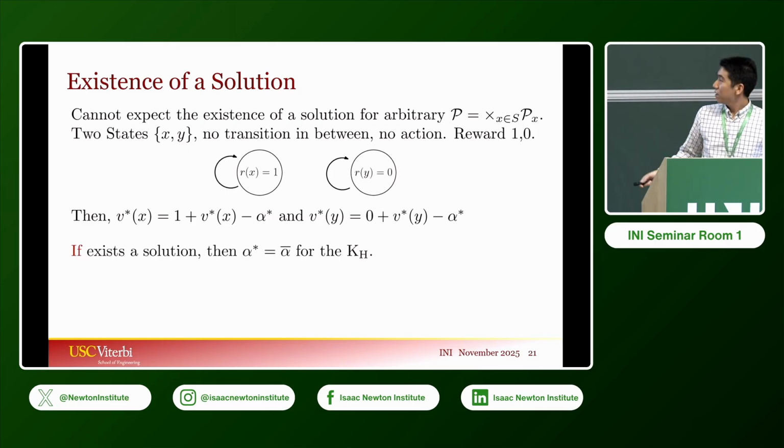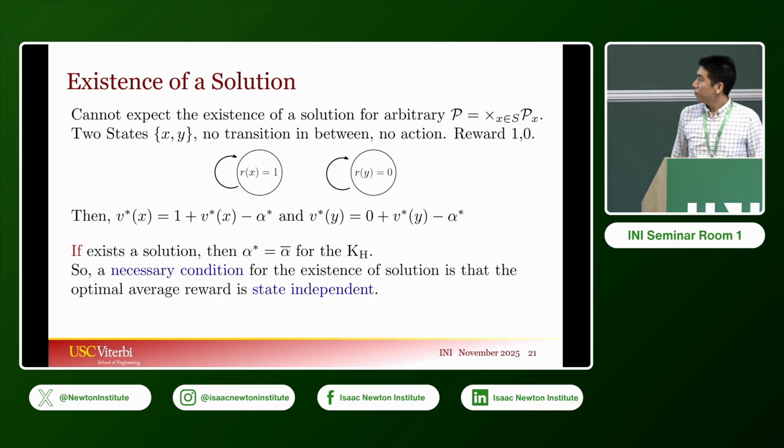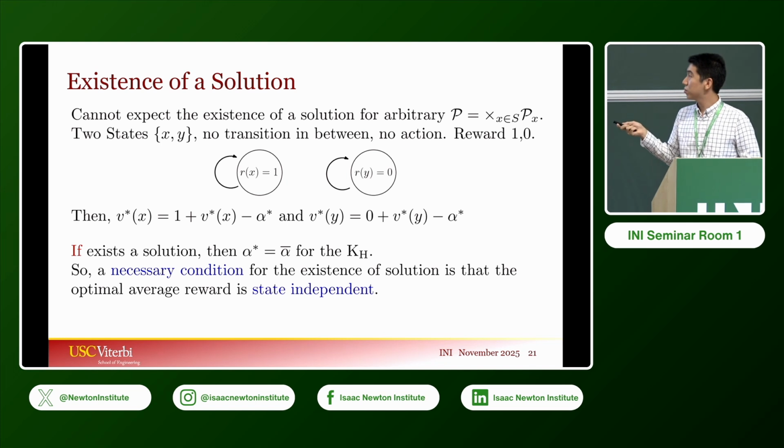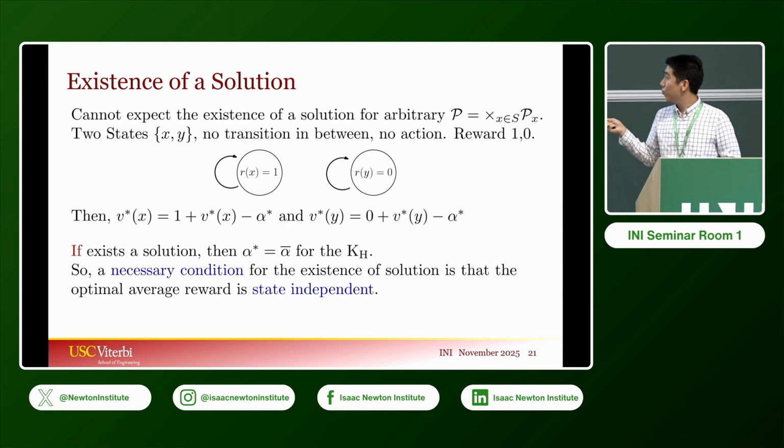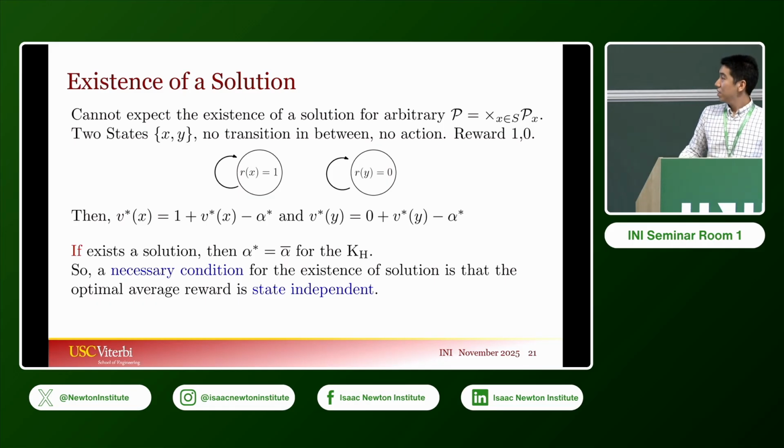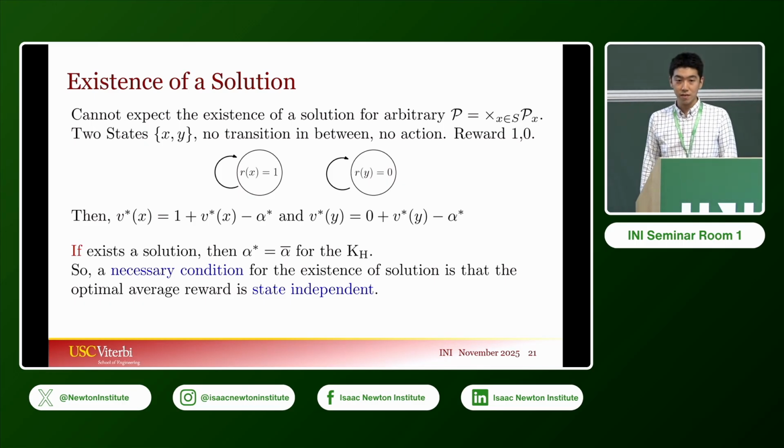So if we look back at the previous theorem, it says that if the equation has a solution, then that solution must correspond to the average reward under a history-dependent adversary. So this is saying that a necessary condition for the existence of a solution is that the optimal average reward is state-independent under a history-dependent adversary.